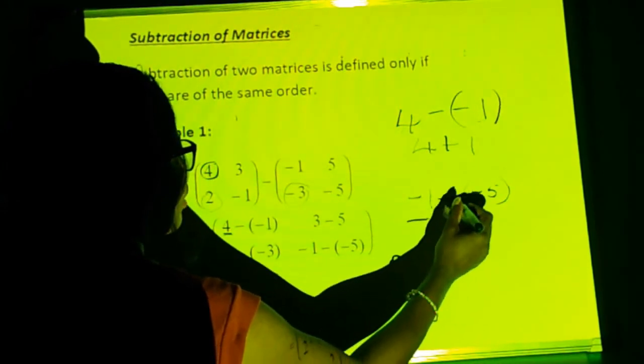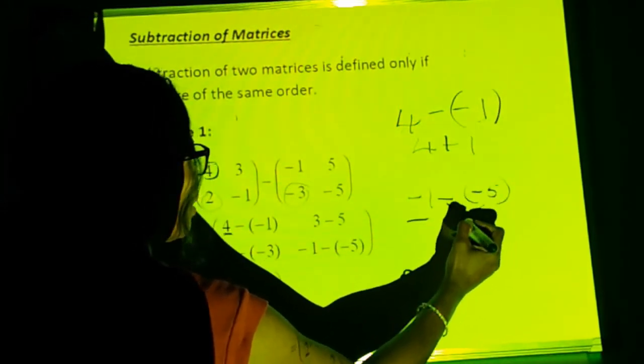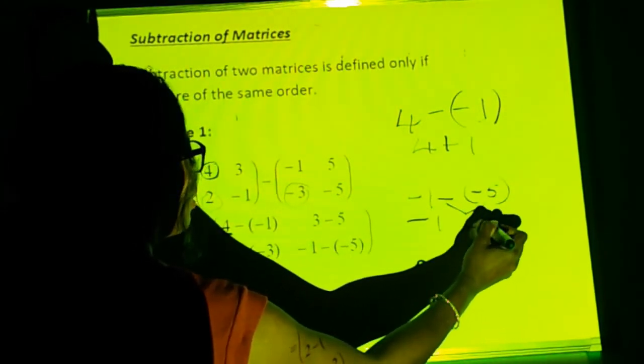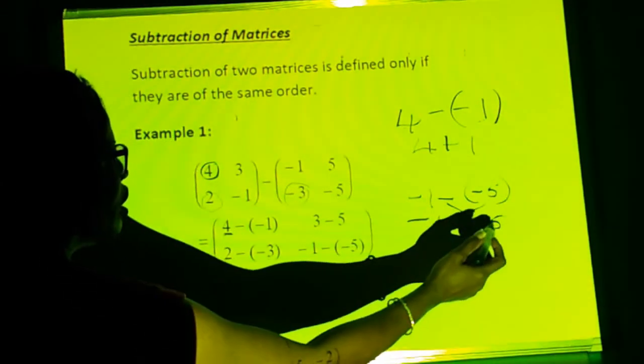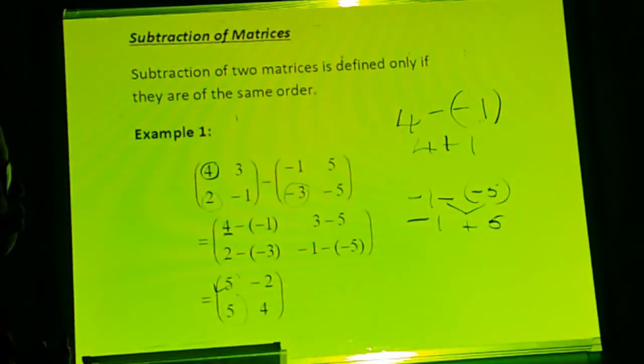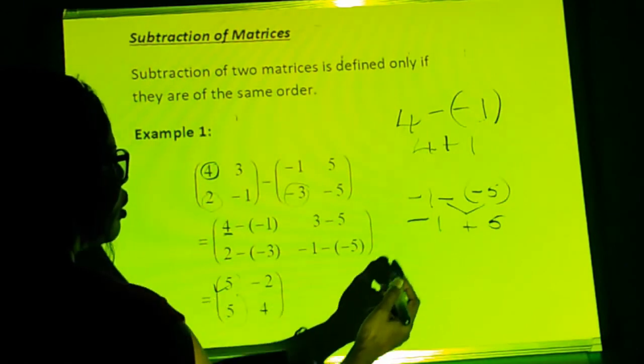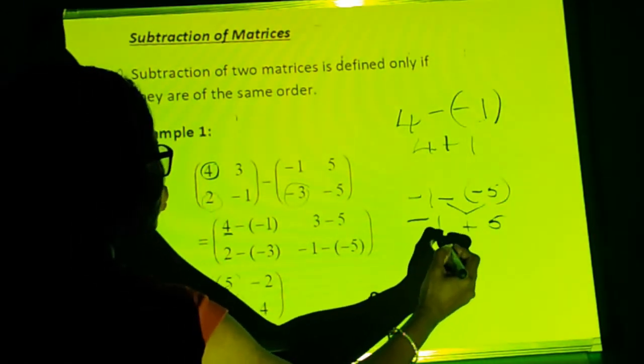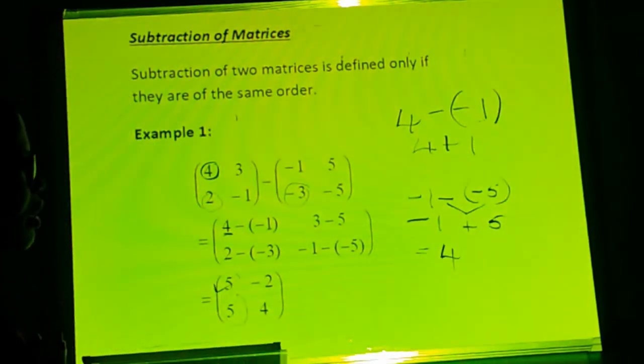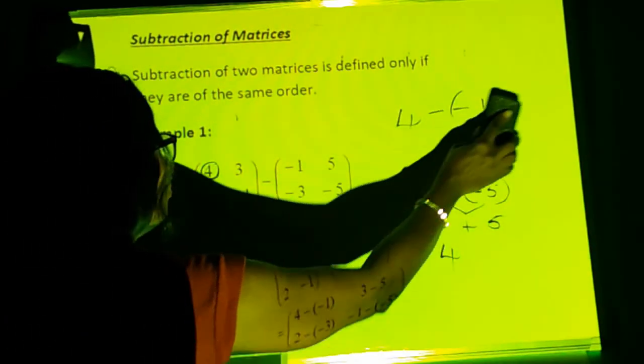Again, this will give me a plus. And if you have $5 and you owe me $1, then you are left with $4 in your pocket. Isn't that so? You better get that right, because you really don't want anybody to rob you.